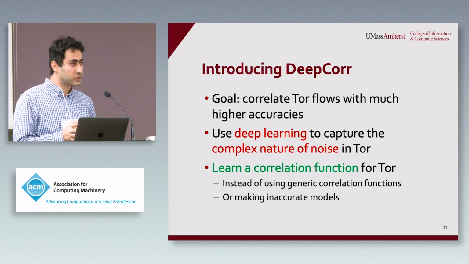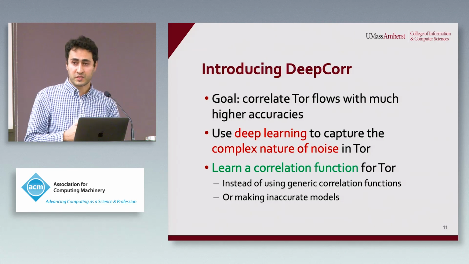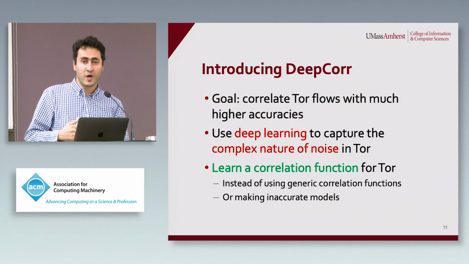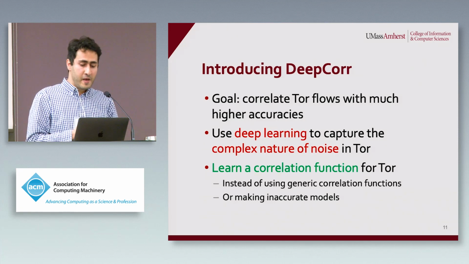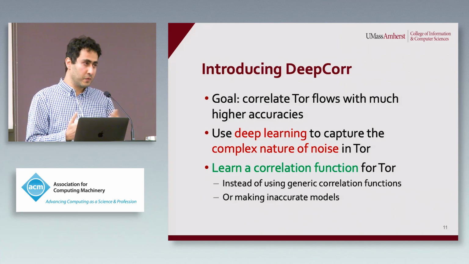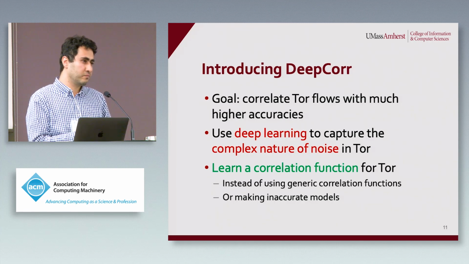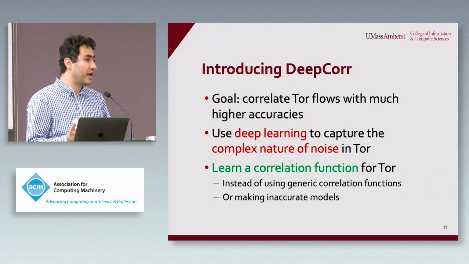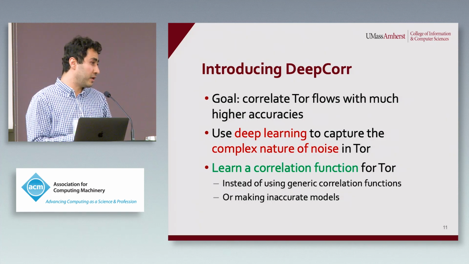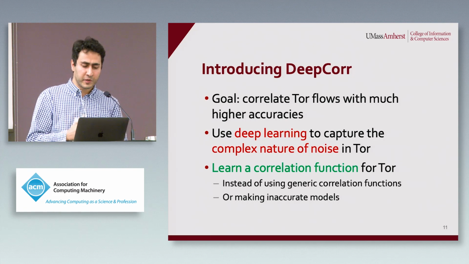To show this, we designed a system called DeepCorr. DeepCorr uses deep learning, as the name suggests, to learn a correlation function for Tor. Because deep learning is known to be good at learning complex nonlinear behaviors, we hope it would help us design a better correlation function for Tor. So that's why we're using deep learning.